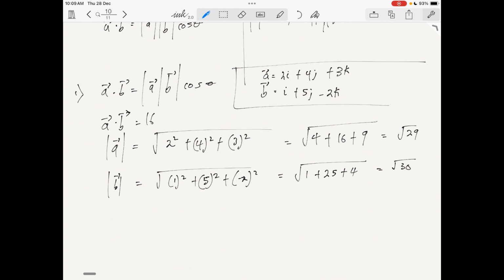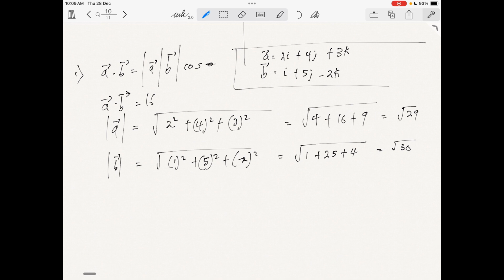Okay, now if we substitute this and this back into our formula, we know that our a dot b was 16. Our modulus of a is root 29. Our modulus of b is root 30.